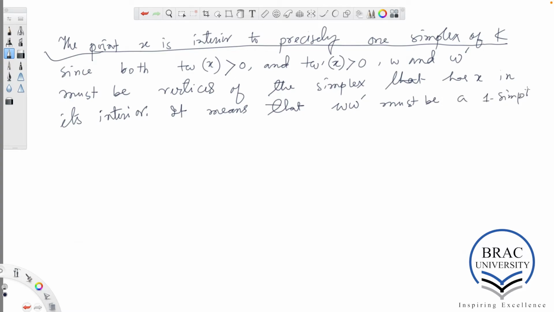Since w and w prime are both vertices of the same simplex, it means that w prime must be a one simplex of k, so that w is equivalent to w prime, according to the definition of the equivalence relation that we defined in the beginning of the lecture.